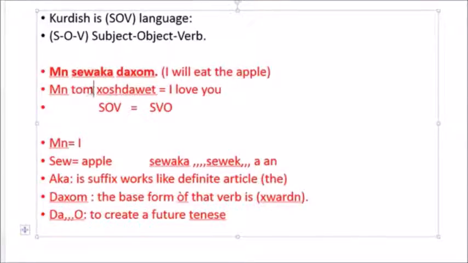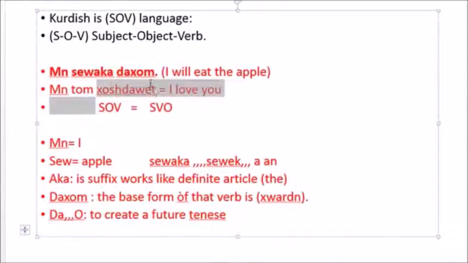This m refers to this min, and you have to write it. You cannot omit it. If you say min to khosh, it's completely unnatural. Maybe people will understand you, but it's unnatural and grammatically incorrect. So you have to put this in. But it can change according to the person you talk to.